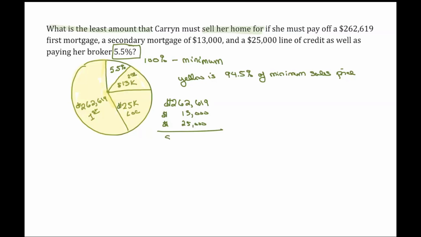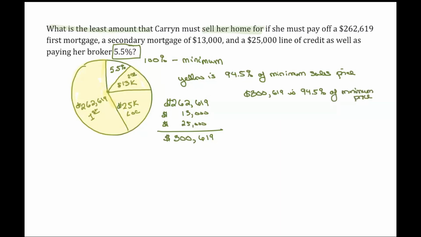What did you get? 300,619. That's what I got. So we know that number, 300,619, is 94.5% of the minimum sales price.